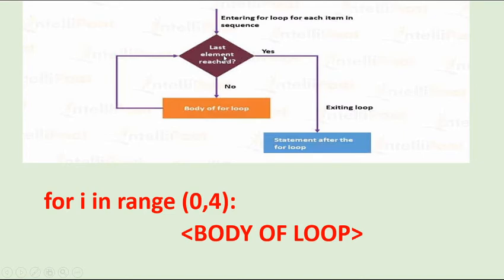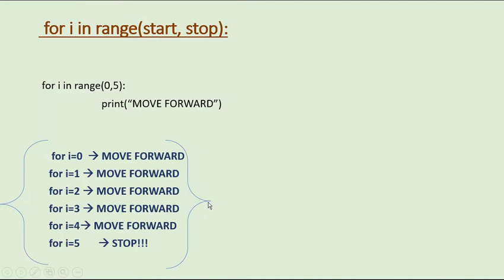So the moment the value of i becomes 4, it is going to terminate. And the moment it terminates, it comes out of this loop. So this particular for loop will run from 0 to 3, that is 0, 1, 2 and 3. And the moment the value of i becomes 4, the loop will terminate.